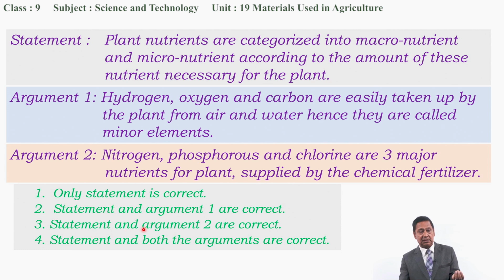So, statement and argument 2 are correct: this option is not correct. Now, statement and both the arguments are correct: this is completely wrong because both the arguments are incorrect. That's why we have to come back to option number 1. Only the statement is correct. This way we can decide that only the statement is correct.